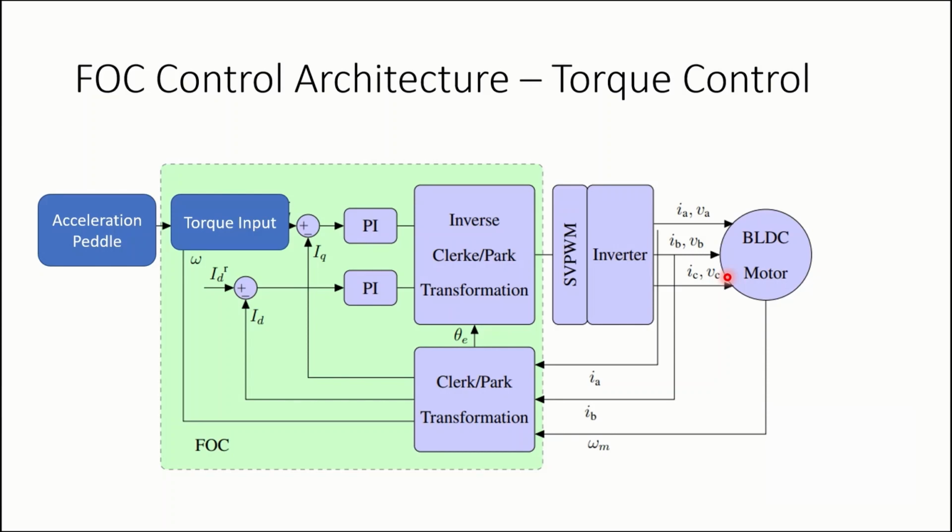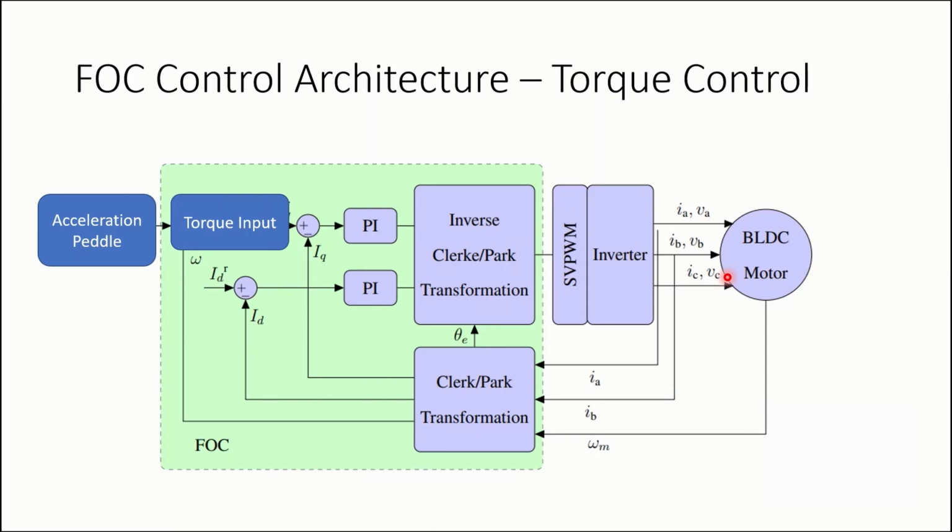So this was, in short, the FOC architecture for the BLDC or PMSM motor, and as I committed earlier, we'll discuss the torque control mode and the speed control mode.